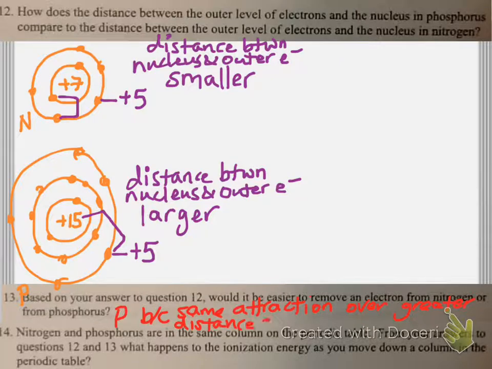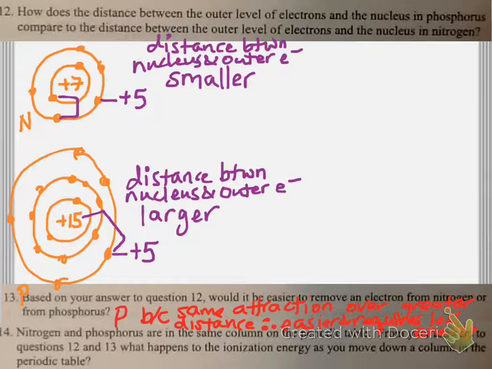Therefore, it's easier and requires less energy. So again, the person who wrote this said, it would be easier to remove an electron from phosphorus than from nitrogen since the outer electron is farther away in the phosphorus atom.